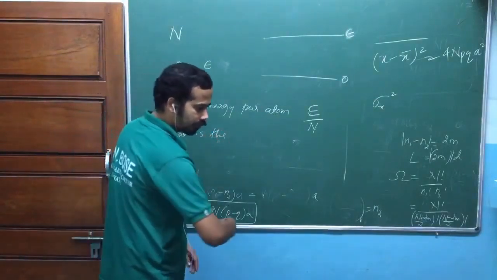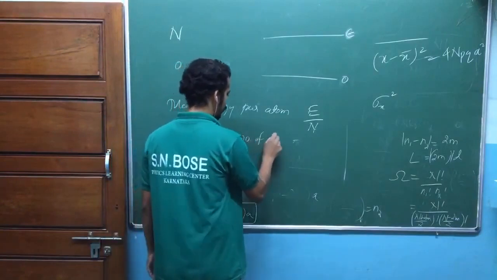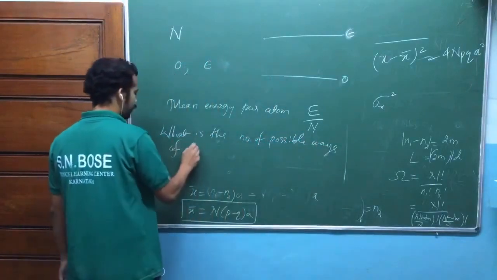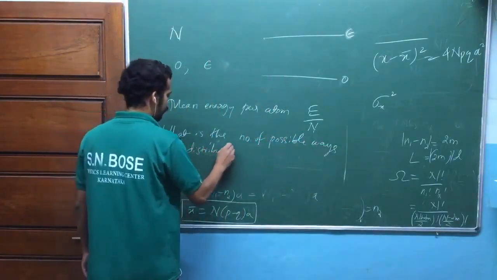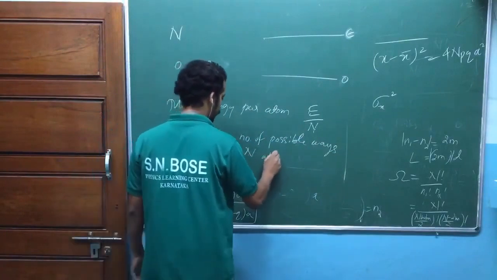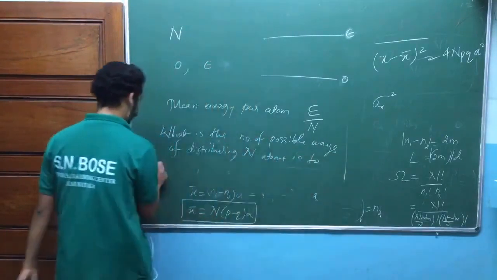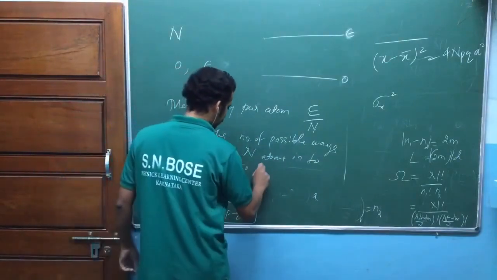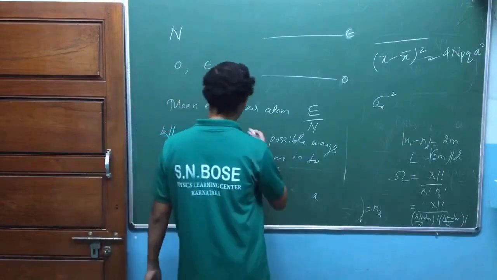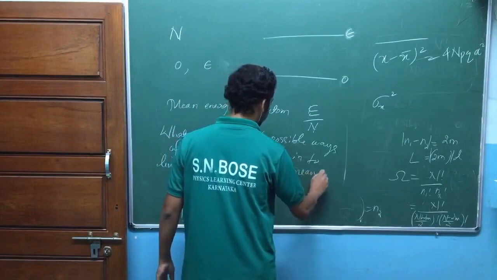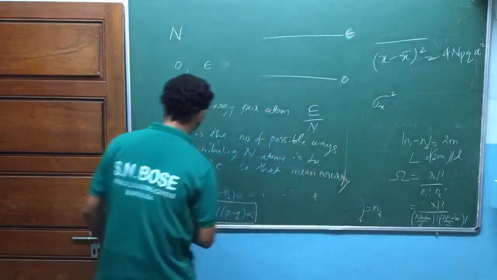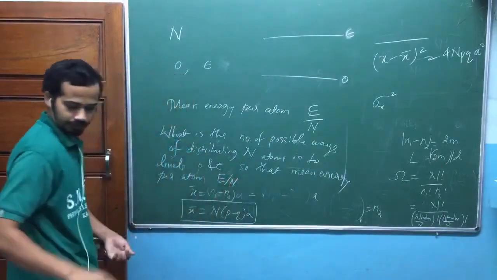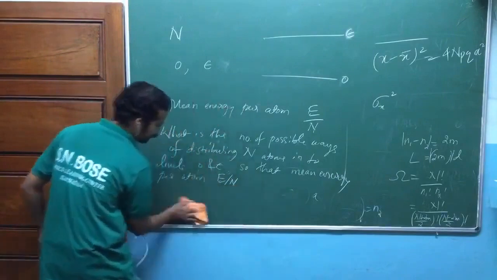What is the number of possible ways of distributing n atoms into levels 0 and E so that the mean energy per atom is E by N?